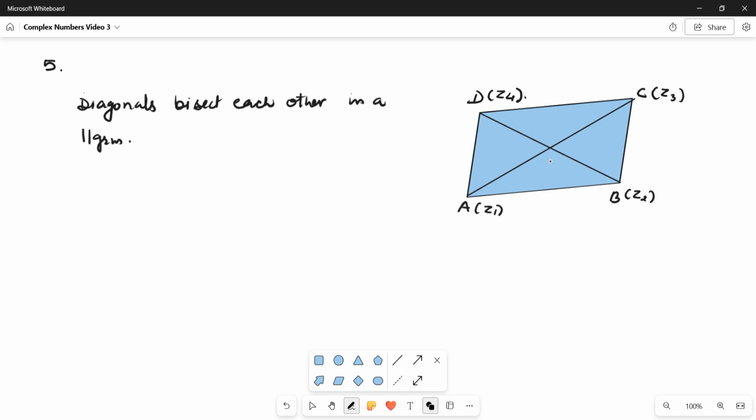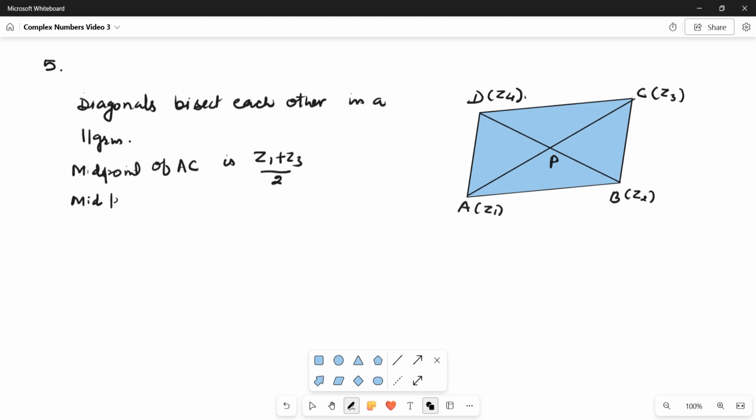Therefore, let this point be P. So the midpoint of AC is Z1 plus Z3 upon 2.